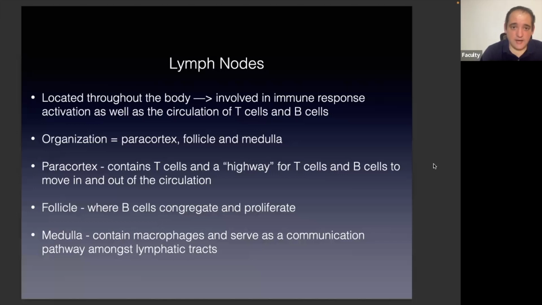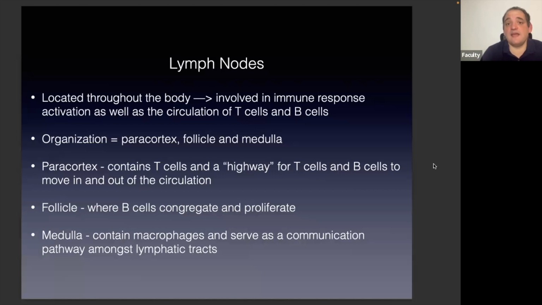And when I say drain, what I mean is that lymph nodes are essential for the circulation of T cells and B cells. These white blood cells are always going through lymph nodes, and that's what I mean when I say drainage. Lymph is kind of like how we have blood as a fluid within our body. There's certainly water, but there's also lymph.